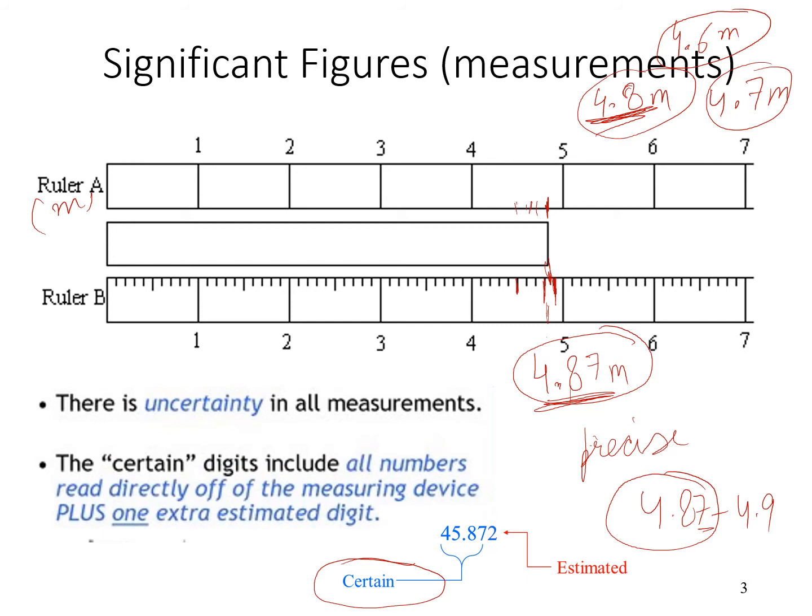Because I'm certain that this is more than 4.8. You write your certain digits and then you add one more extra digit, which is your uncertain digit, or which you're not confident about, or which is your estimated digit. And that would make your correct number of significant figures that that particular device can give you.